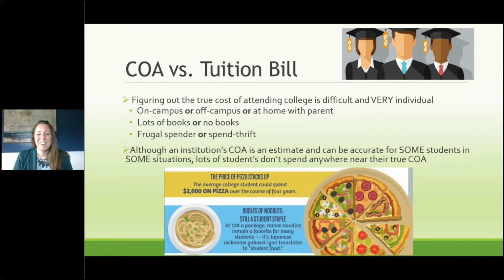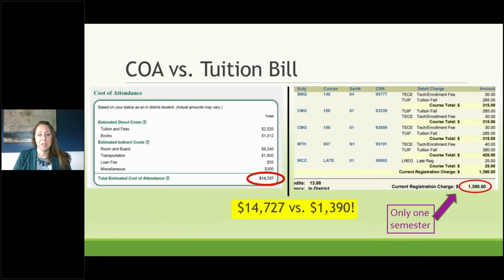So whether a student is a frugal spender or a spendthrift, if instead of ramen they're eating fancy sushi every night, it's going to make a big difference in how much debt they're accruing, because they're using that student loan money or perhaps financial aid refund money towards these big ticket items. So it adds up very quickly.